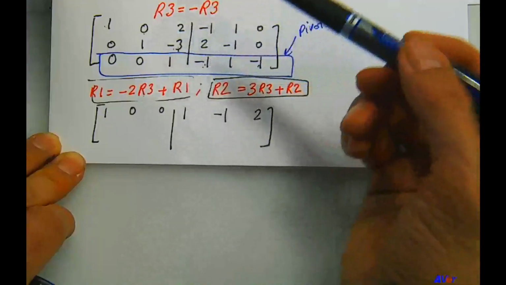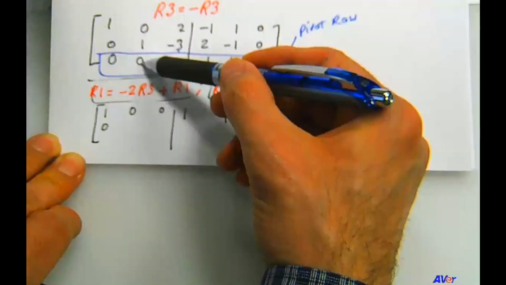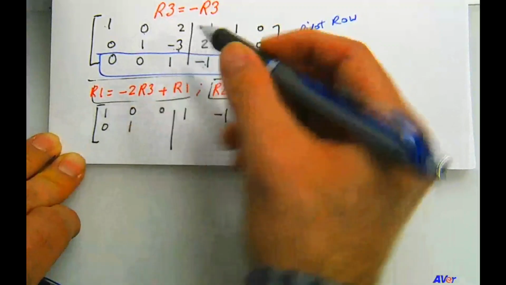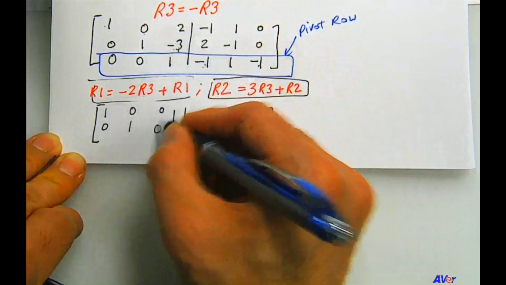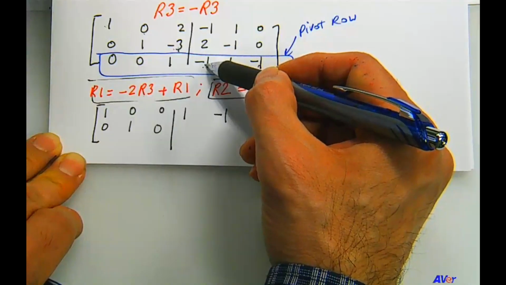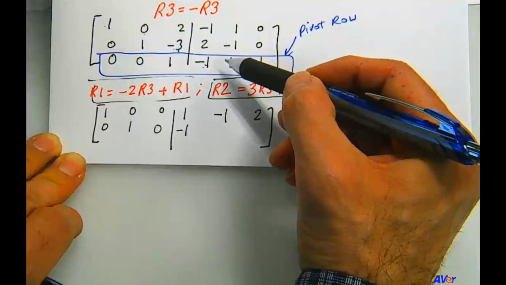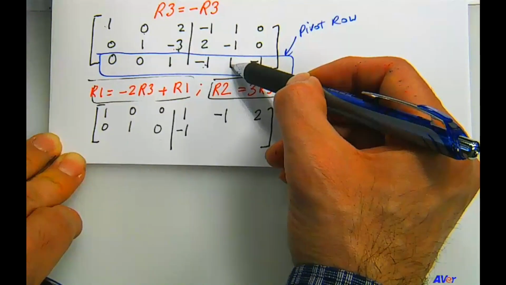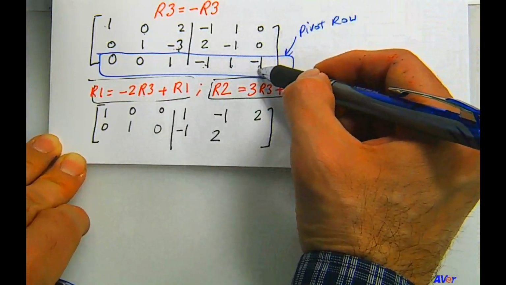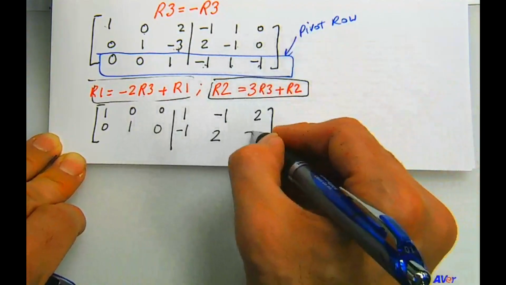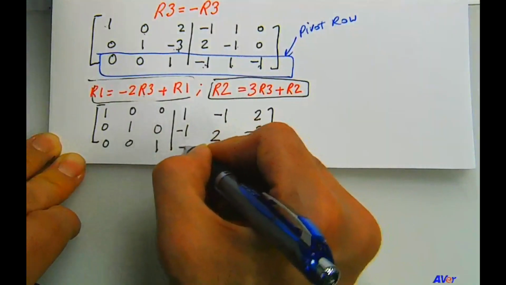Okay, so let's do that. 3 times 0 is 0, plus 0, 0. 3 times 0 is 0, plus 1, 1. 3 times 1 is 3, plus -3, 0. 3 times -1 is -3, plus +2, that's -1. 3 times 1 is 3, plus -1 is +2. 3 times -1 is -3, plus 0 is -3. And the third row is the pivot row, so let's write it down as it is.